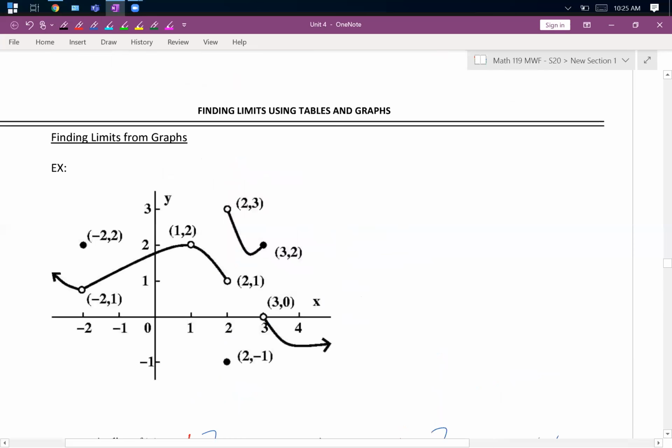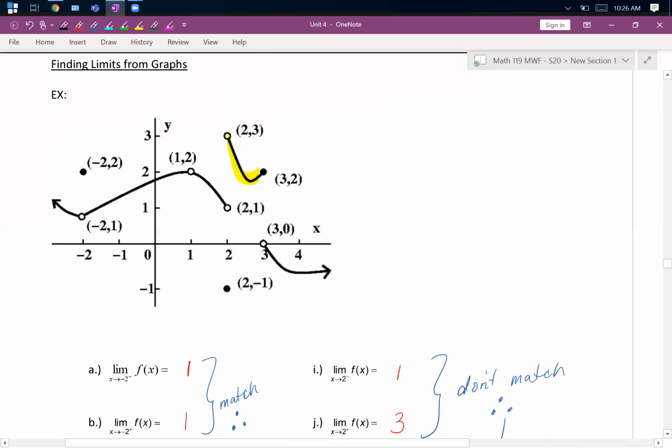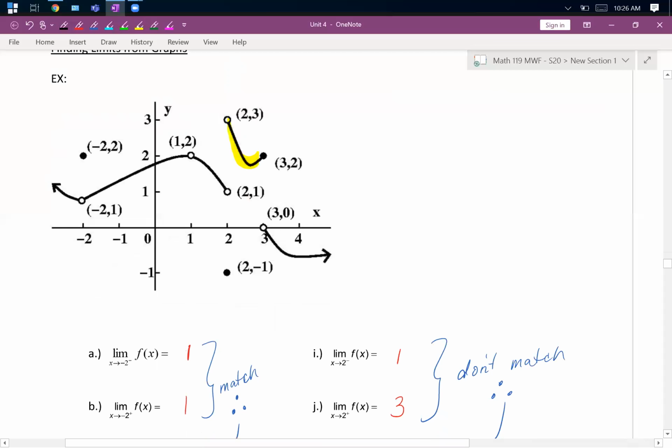So let's start with the limit as x approaches 3 from the left. So we're coming in here. What y value are we getting close to as x approaches 3 from the left? Make sure that we're coming in from the left and then stopping before we get to 3.